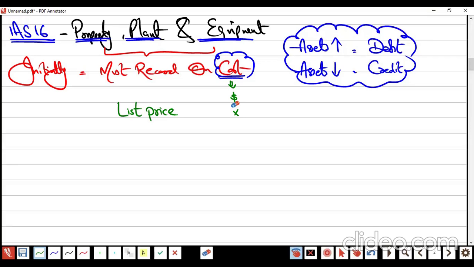For example, you went to buy computer equipment, you found that the tag price was $2,000. You went to the shopkeeper and you told him, Habibi, listen to me, I want discount.